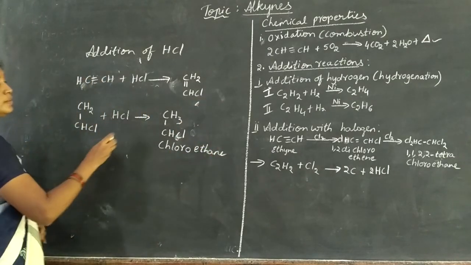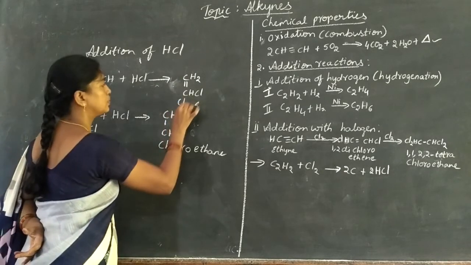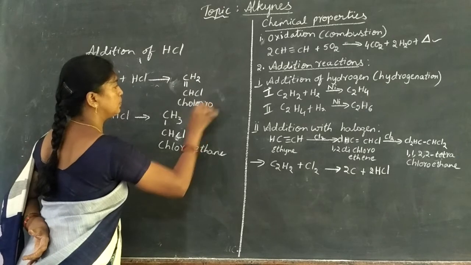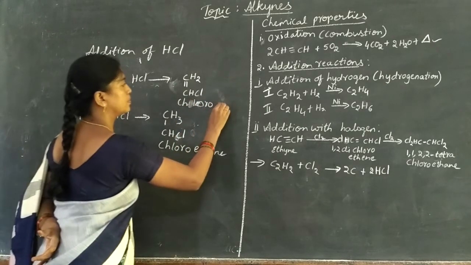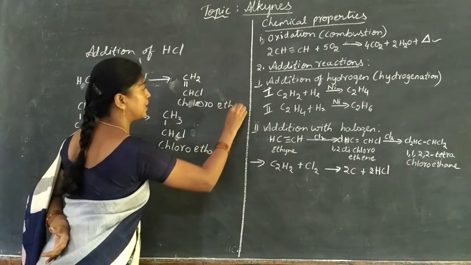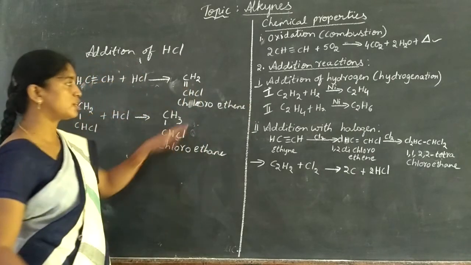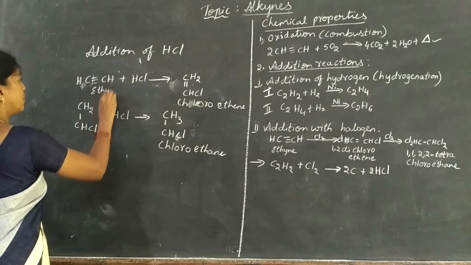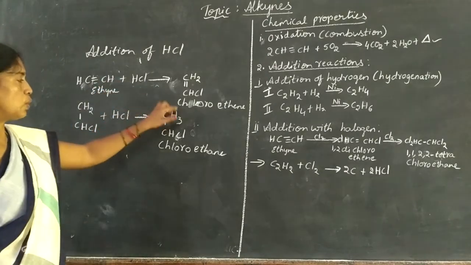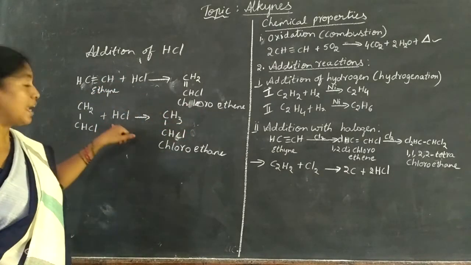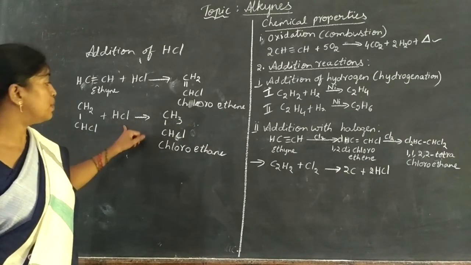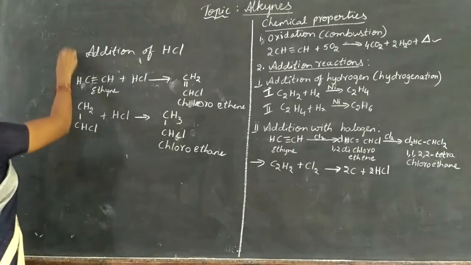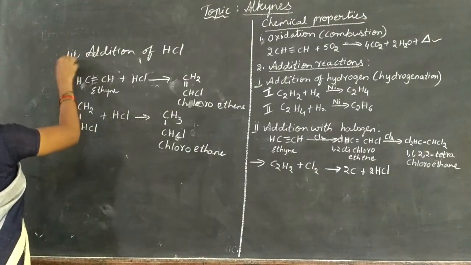And this one, what do we call this one? Chloroethene. Why? Because a double bond is there, so we call it chloroethene. So from ethyne, this will be changed to chloroethene, and this chloroethene again in presence of HCl will give rise to chloroethane. And not only with this, it will also take reaction with ozone.